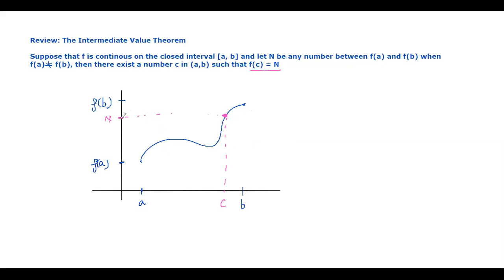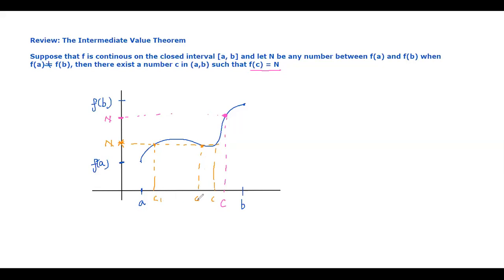How about if I have another n here? Then based on the intermediate value theorem, you can find a c here, and you can find another c here and another c here.